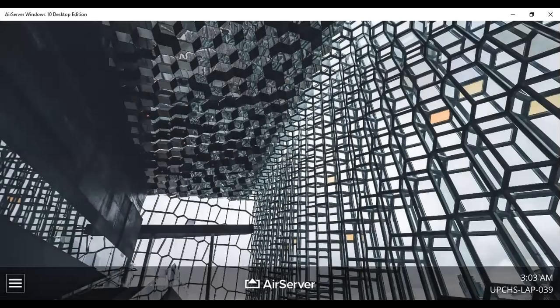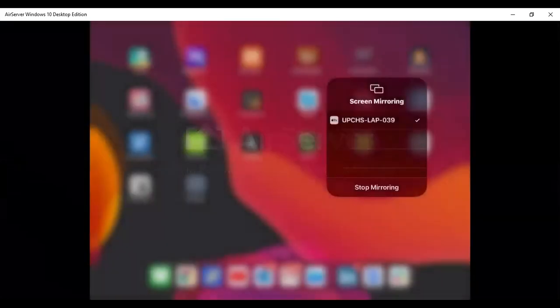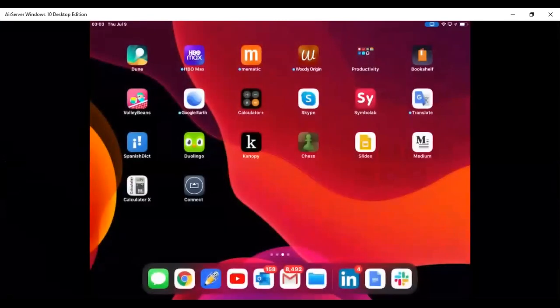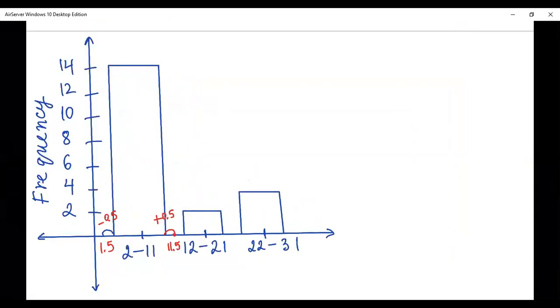And the same thing is going to happen if you subtract 0.5 from 12 and you add 0.5.